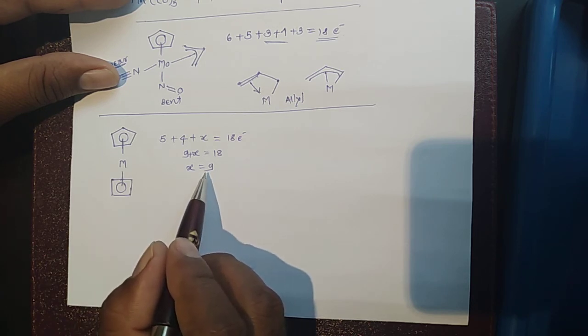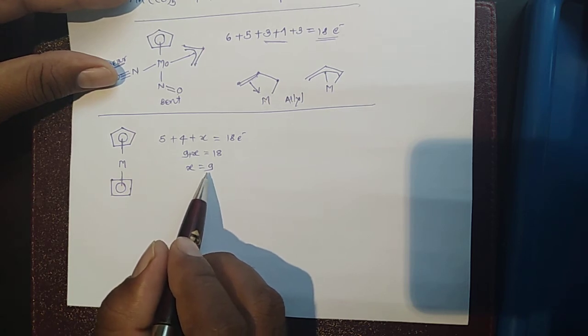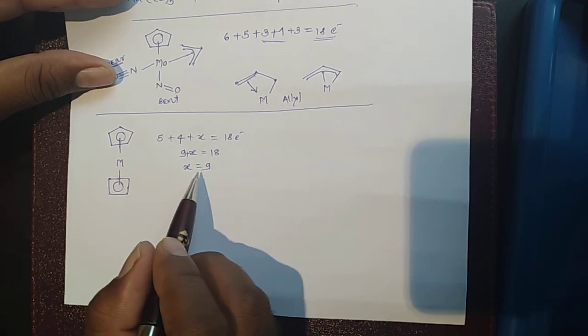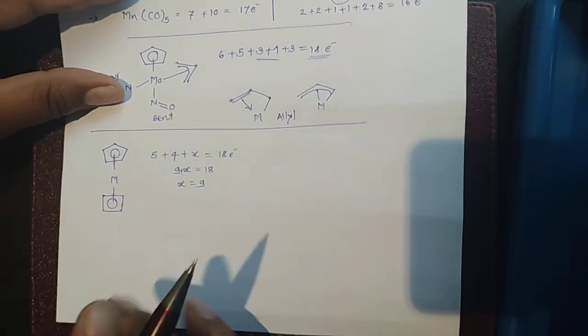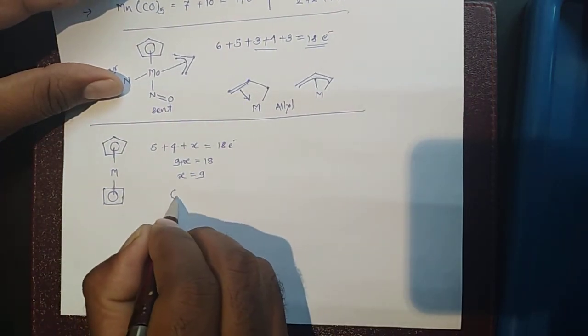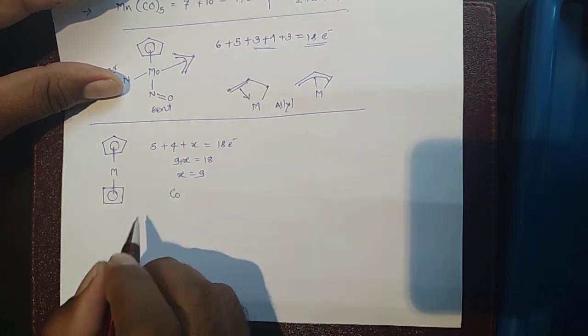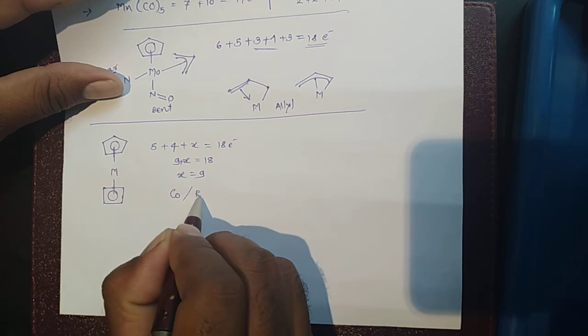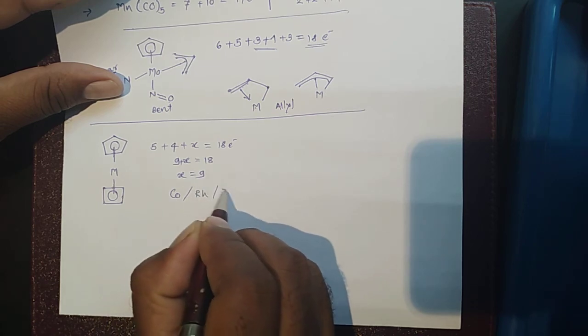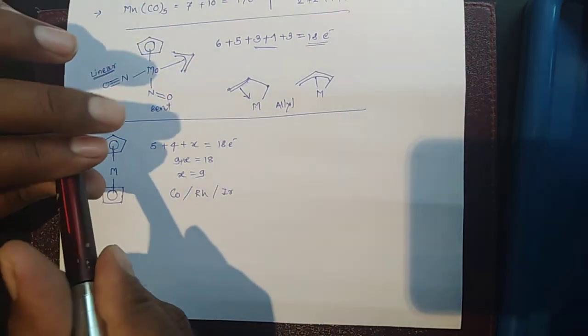So x is equal to 9 electrons, which means the metal will provide 9 electrons. So which metal will it be? We have to check. In group 9, in our list there are 3 transition metals: cobalt, rhodium and iridium.